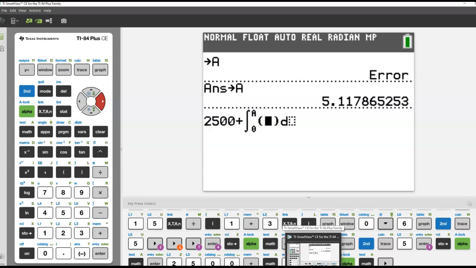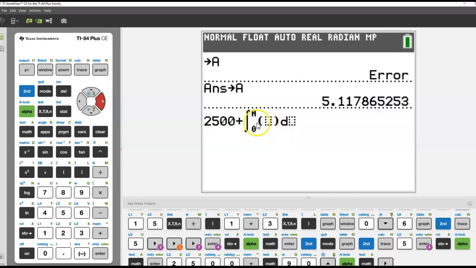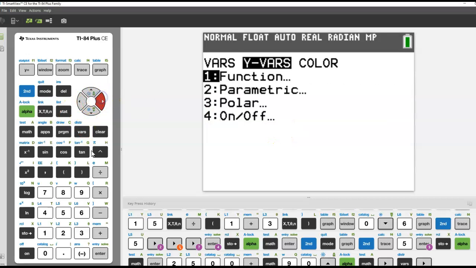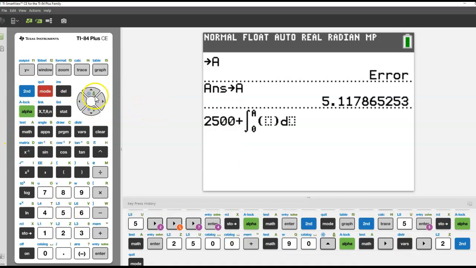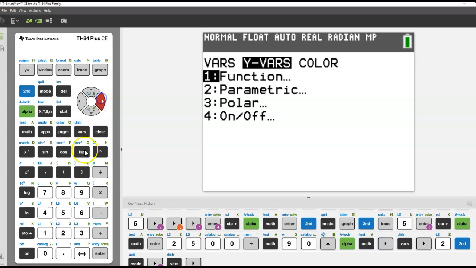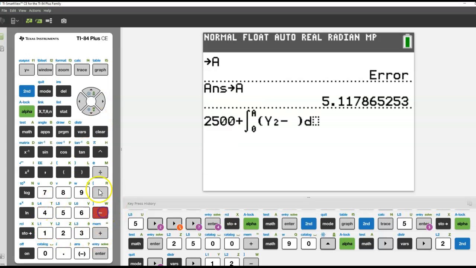Now on my calculator, rate in was my second one I plugged in, so I'm going to go to y variables. I'm going to push y2. Oops. Out of there real quick. All right, variables, go over to y's, push 1 for function, push 2 for y2, minus y1.